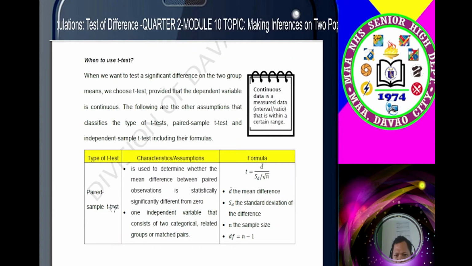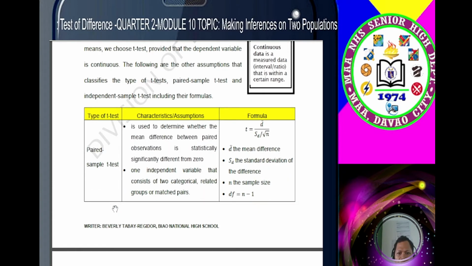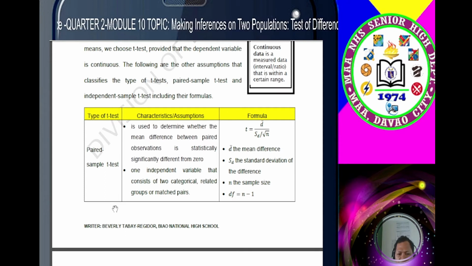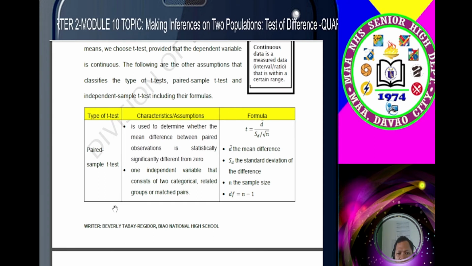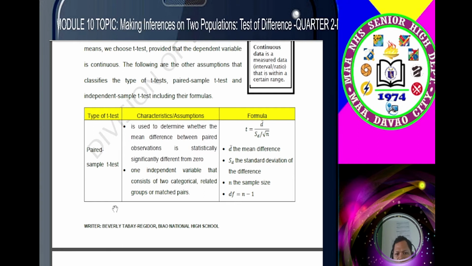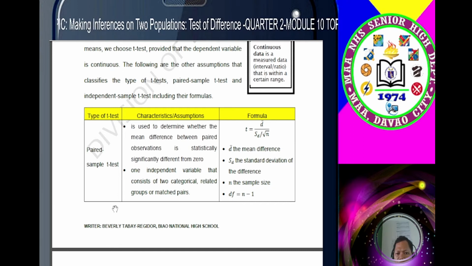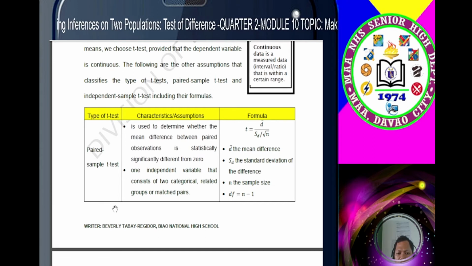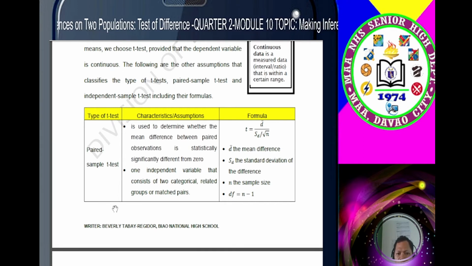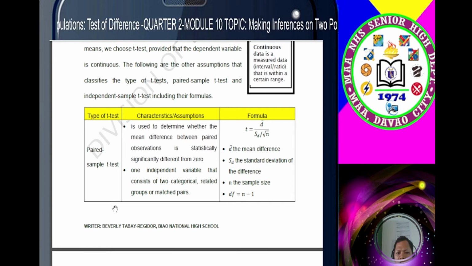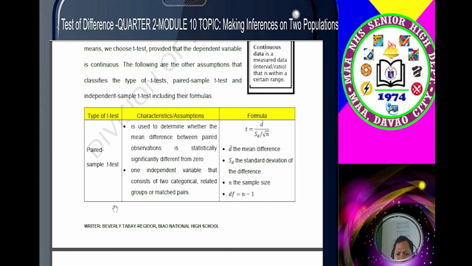There is a table of the types of tests. First, we have the paired sample t-test. It is used to determine whether the mean difference between paired observations is statistically significant or different from zero. It has one independent variable that consists of two categorical related groups or matched pairs.